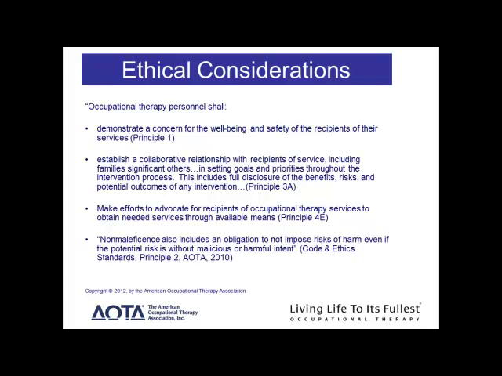A framework for ethical decision-making, as previously discussed, can assist in analyzing and resolving these types of potential ethical dilemmas. The actions of the individual practitioner involve consideration of the following questions, which reflect elements of such an analytical framework.